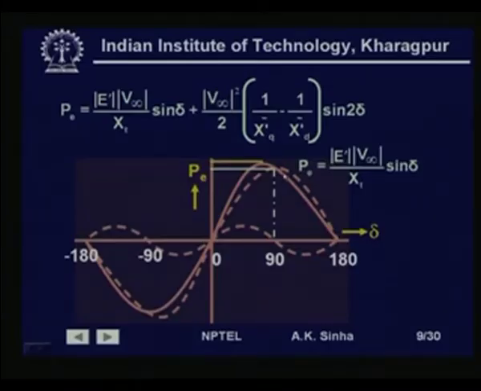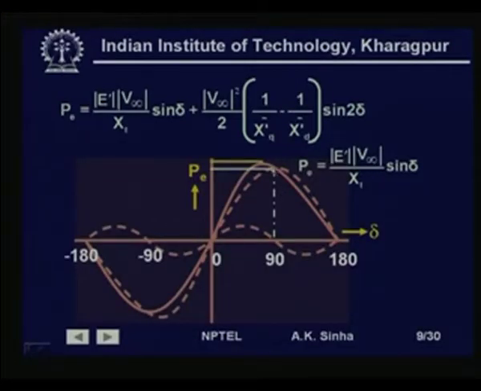So, there is going to be some acceleration which will take place, and because of this acceleration, delta angle will keep increasing. So, as delta angle increases, the electrical power output of the machine will decrease further, and this will continue like this, and the system will lose synchronism, because the speed will keep on increasing even if we have not increased the mechanical power beyond this value.